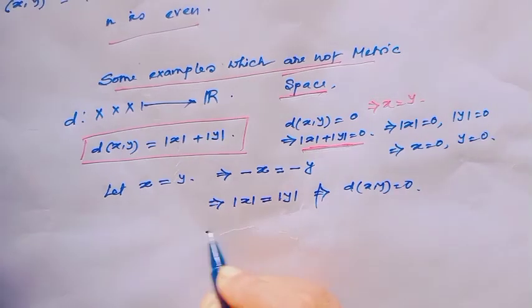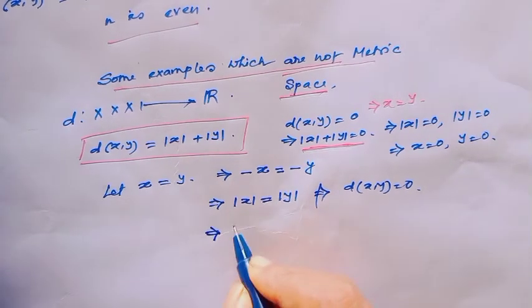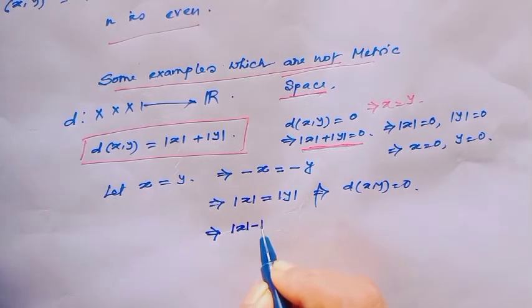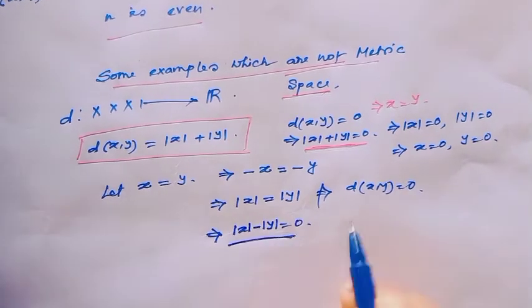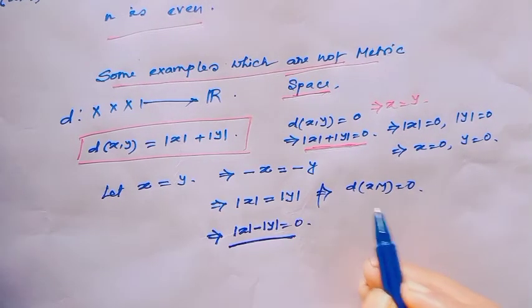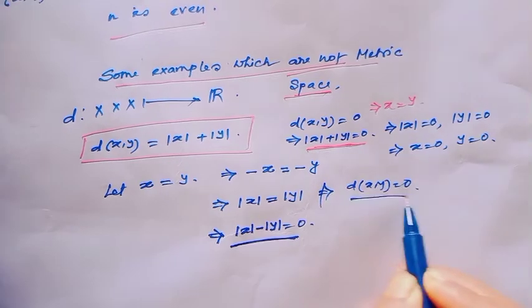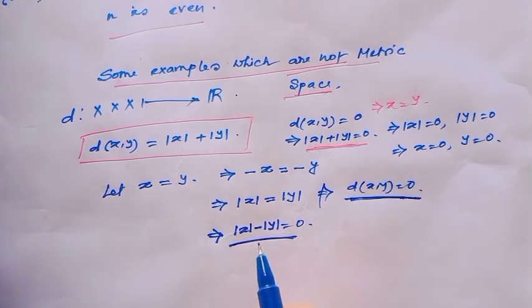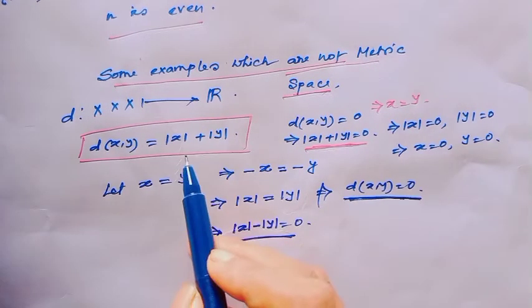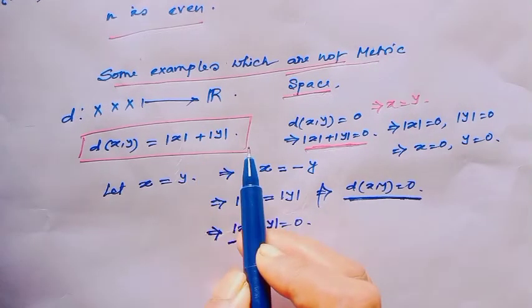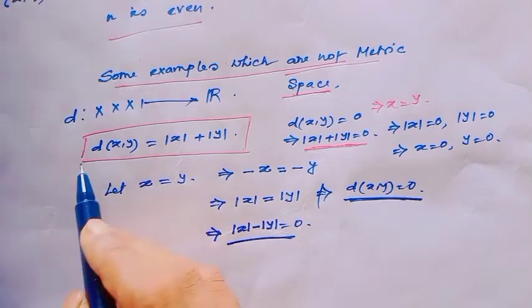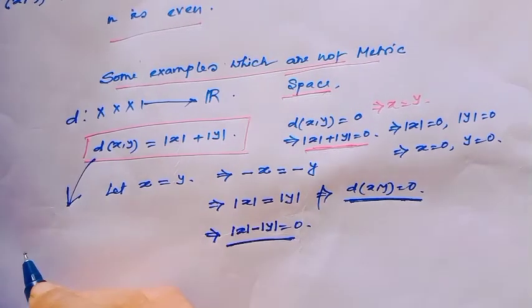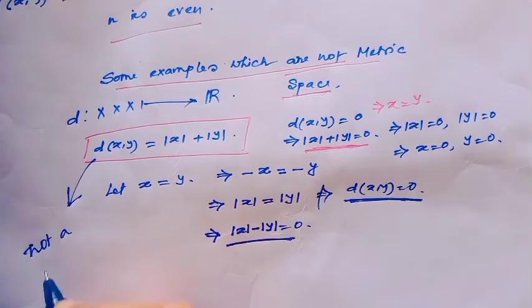And from this expression we can tell mod x minus mod y equal to 0, and this does not imply d of x comma y equal to 0, because d of xy means mod x plus mod y. Are you getting? That means this d is not a metric space.